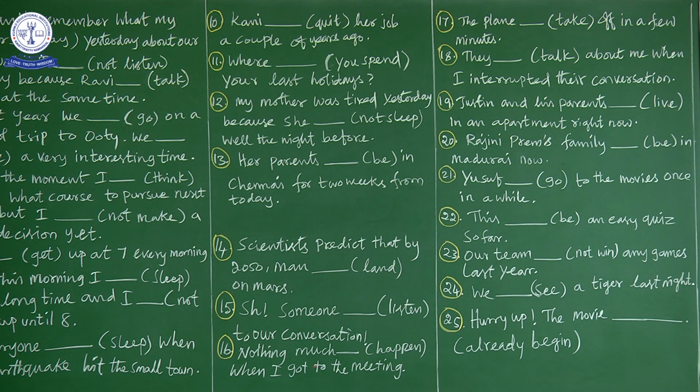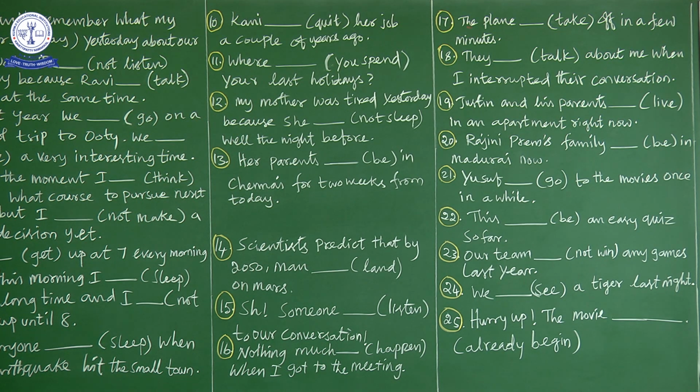Okay. So since there is another past tense, we have to go for past perfect tense here. So what will you write? Nothing much had happened when I got to the meeting. Okay. Whenever there are two past tenses, there will be two possibilities, that is, one is past perfect or past continuous tense. According to the context we have to go for the tense.